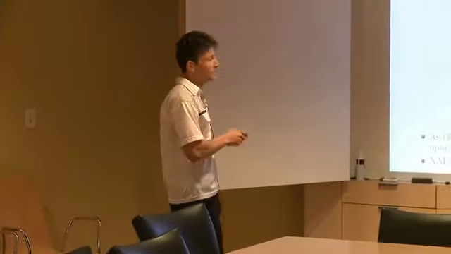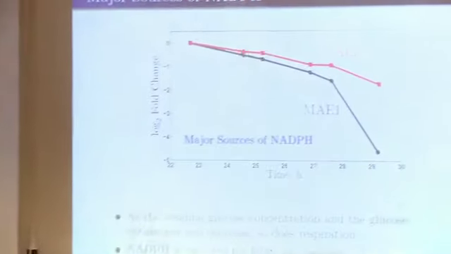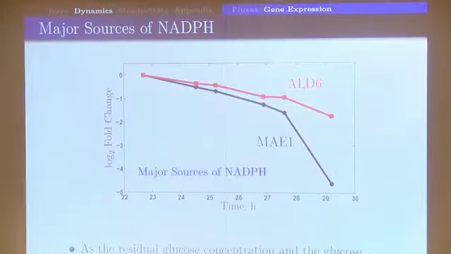And NAD is the major cofactor that carries around electrons for everything that has to do with energy production in the TCA cycle and so on. NADPH is very special because there are very, very few reactions that can produce it in the cell. And it is the only source of reducing equivalents which you can use for either biomass synthesis or for detoxification of reactive oxygen species. So that makes it convenient to monitor what is happening with the NADPH.